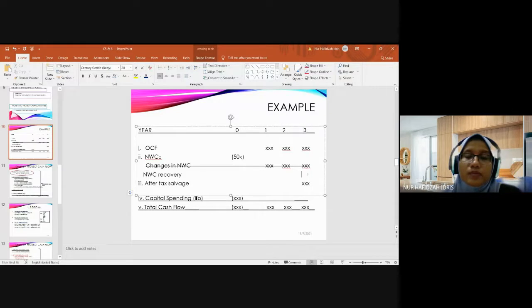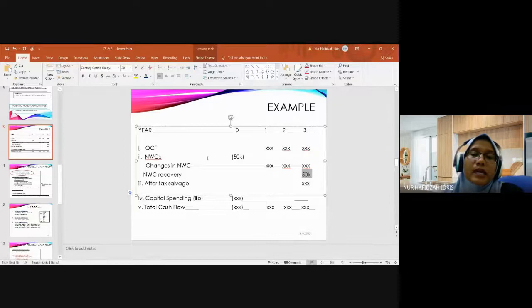So at the end of the project, kita akan recover balik duit yang kita keluar. Banyak mana kita keluar? 50,000, we cash out. And then at year 3, which is at the end of the project, we will get back that 50,000. Itu the net working capital recovery and initial net working capital.